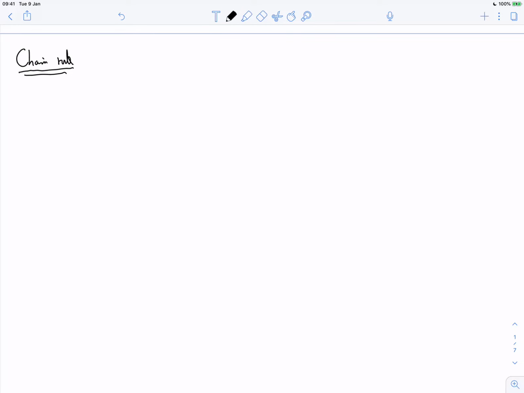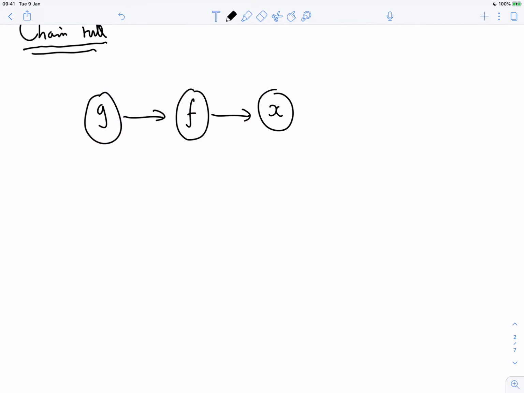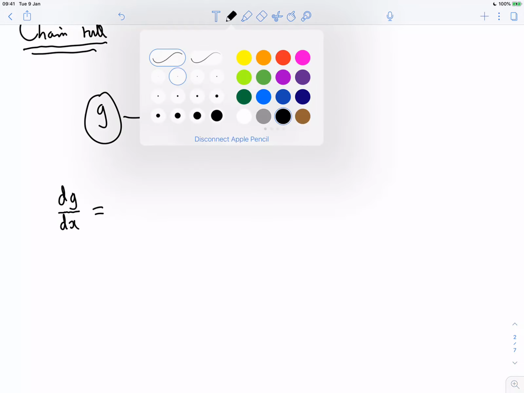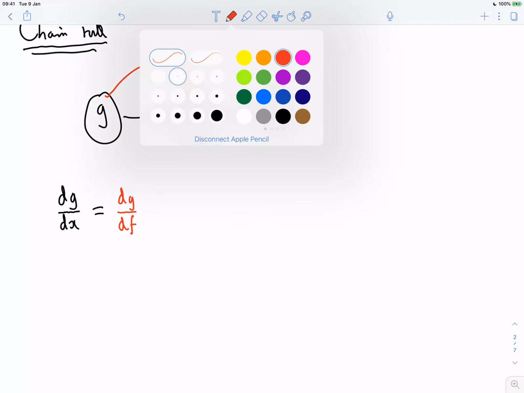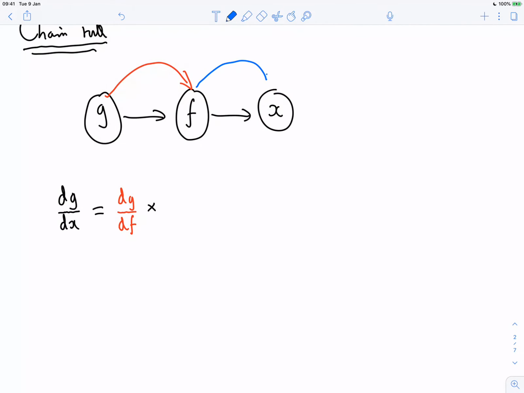And that is, if I've got a function, let's say g, and that function depends on another input, let's say f, and let's say that function f depends on x, then the way you need to build this is that if I want to differentiate g with respect to x, then this is dg by df. So I differentiate g with respect to f, and I multiply by df by dx, like so.